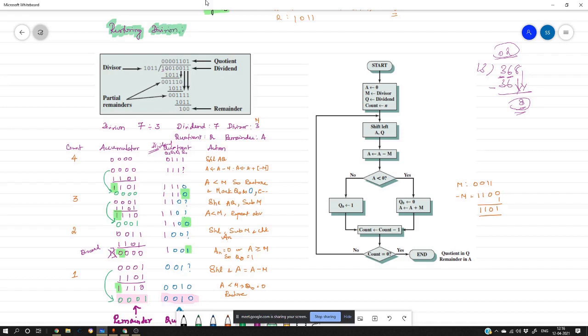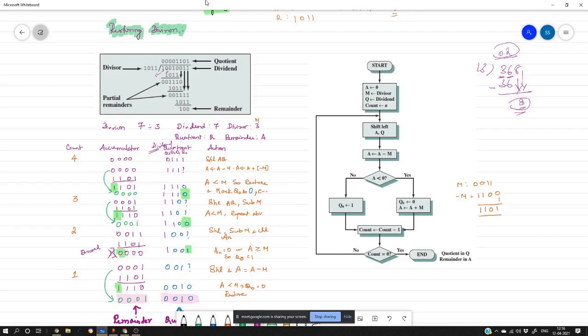You leave this 1, meaning you shift it left and take this number. So this 10 is compared with the value 1001. It is still lesser, so you mark 0 and move on to the next bit. Taking the next bit, you get the value 100. Again, this is smaller, so the quotient is marked as 0.